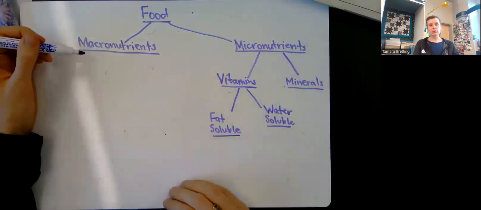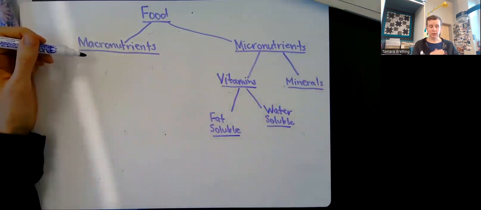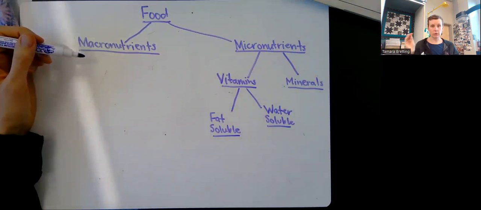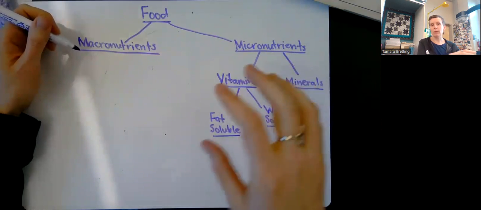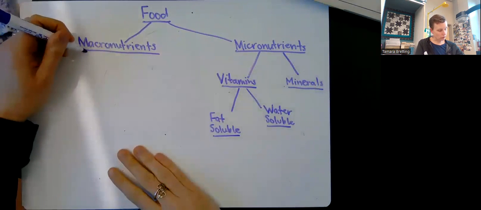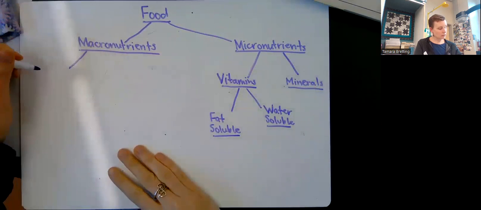Okay. Macronutrients is actually what we're going to start with as we go through our food chemistry unit. And there's 3 categories of macronutrients. And if you look at your food label, your nutrition label on any of your food products, those 3 categories are broken up for you on the food label. And vitamins and minerals can be there as well, but the 3 categories of the macronutrients are fats, proteins, and carbohydrates.